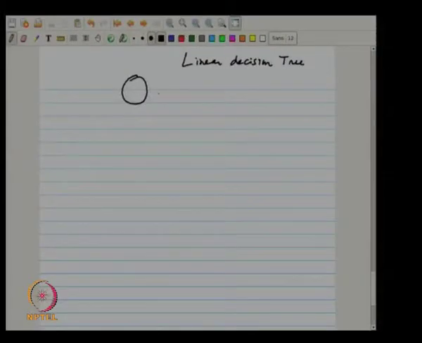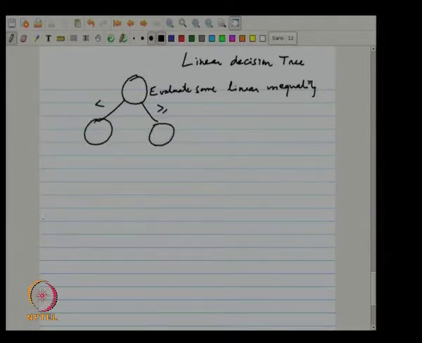So, at any node, I evaluate some linear inequality, and again depending on less than or greater than or equal to, I branch. In the end, in the leaf nodes, the answer is either a yes or a no, right? Maybe yes, yes, yes, no, no, no, etc.